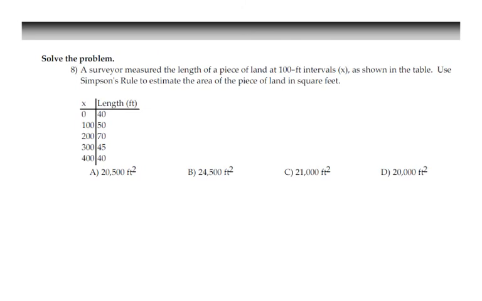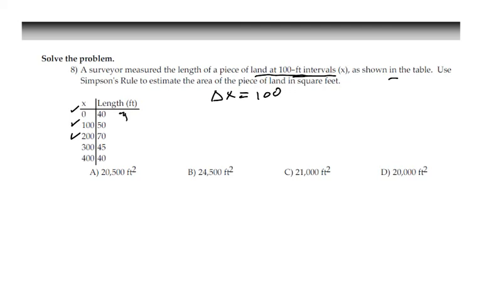Now, the last one just illustrates how a surveyor might measure the length of a piece of land at 100-foot intervals, as shown in the table. So he does it at 100-foot intervals. That means delta x is going to be 100.